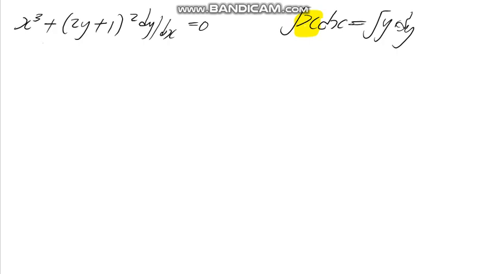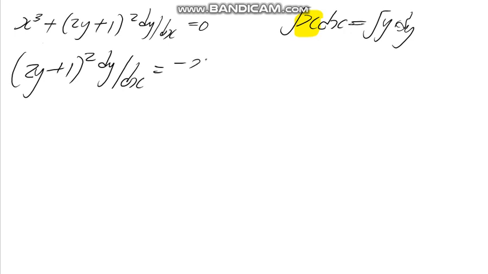So we're going to group the like terms. First thing, we're going to have to take the x cubed to the other side. Then we keep dy over dx on this side. How do you know what to do? You first check if dy is a numerator and dx is a numerator.